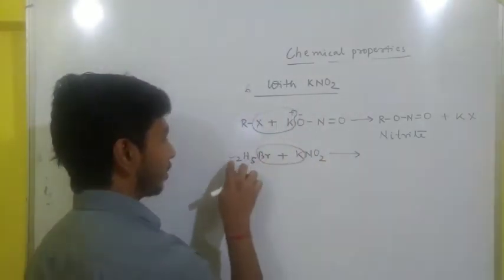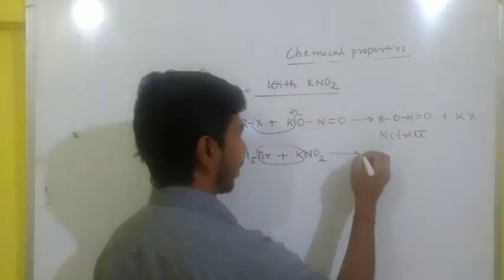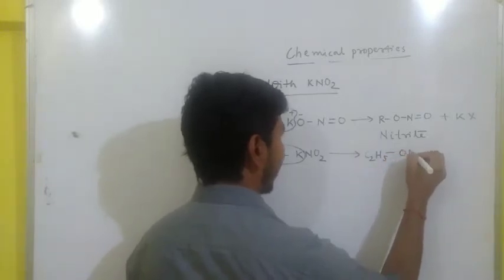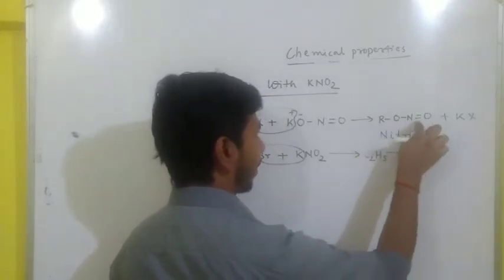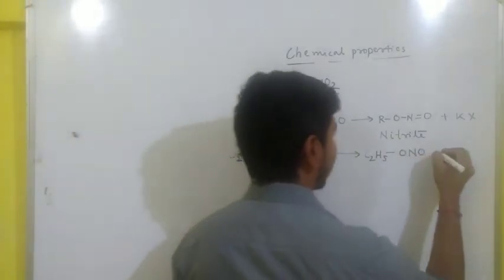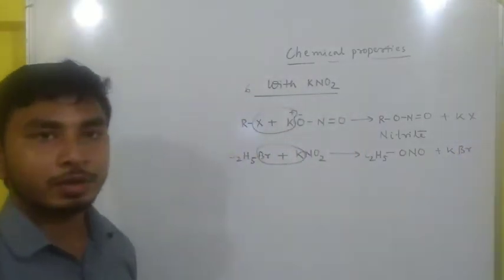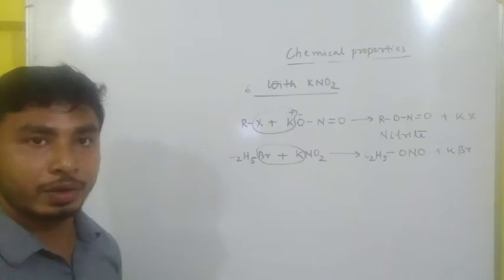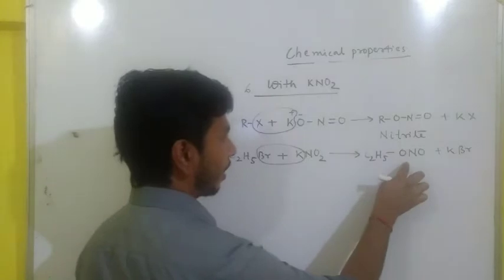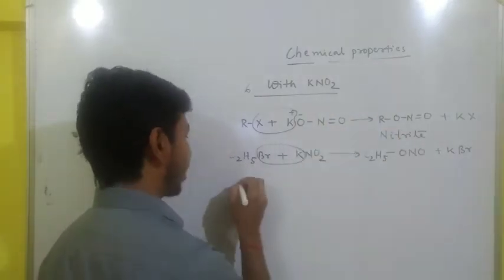So C2H5, then it is not NO2, it is ONO, RONO, so C2H5ONO, plus KBr. So this is about the reaction with KNO2. So this is nitrite, that is ethyl nitrite.